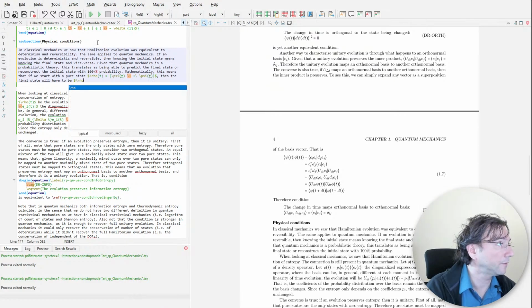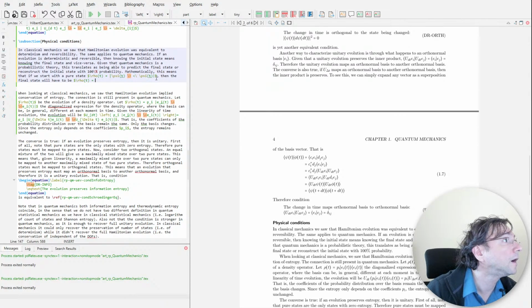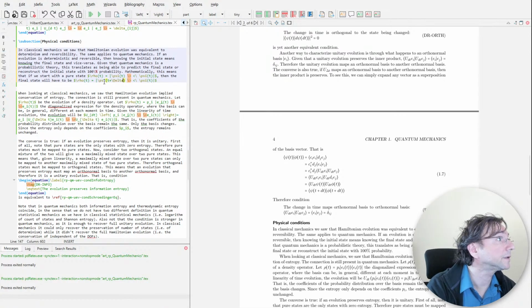rho of t equal this plus, let's put delta at this point here.